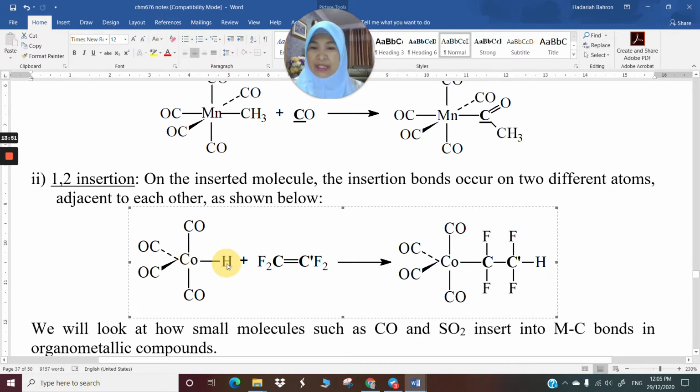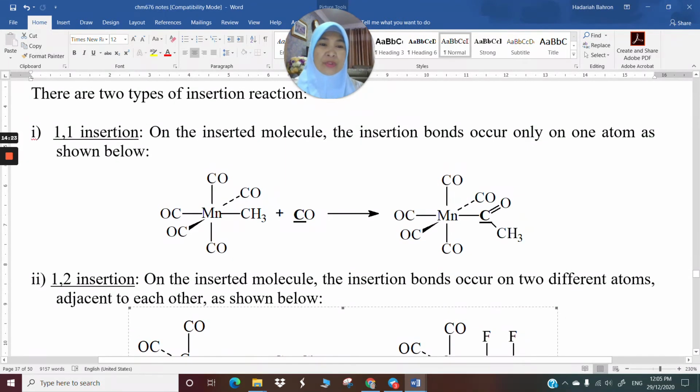You have a cobalt attached to hydrogen, and this oncoming molecule is inserting itself between the cobalt and the hydrogen in this way. Cobalt is attached to carbon 1, whereas hydrogen is attached to carbon 2, and the molecule is nicely inserted between the cobalt and hydrogen. So insertion of this type is called a 1,2 insertion, as opposed to the 1,1 insertion.